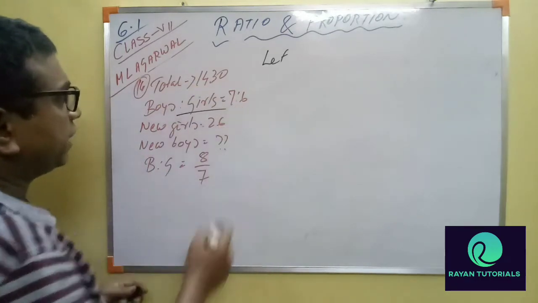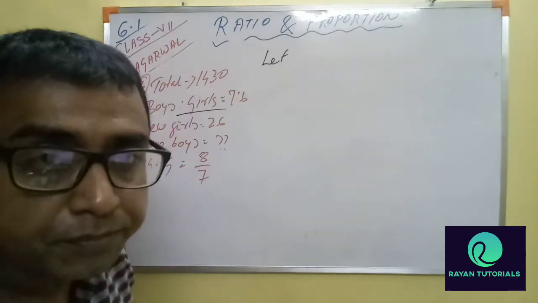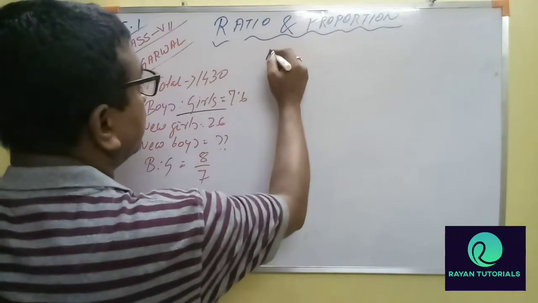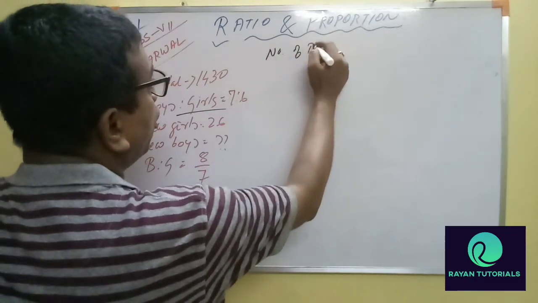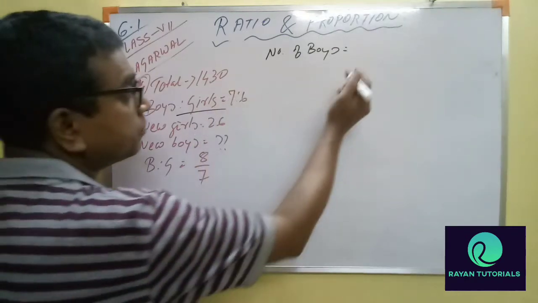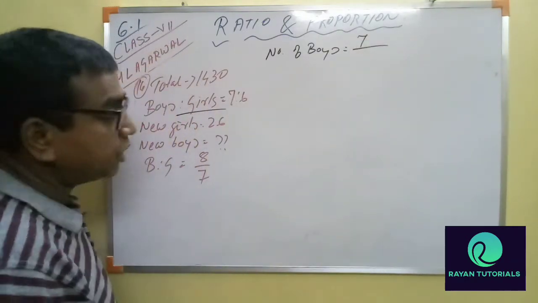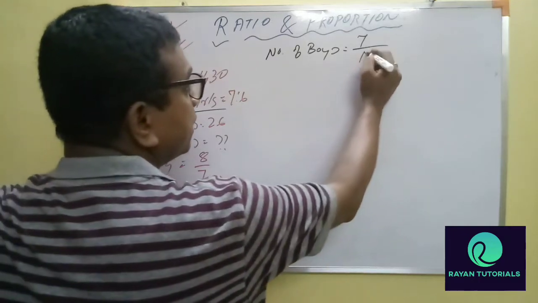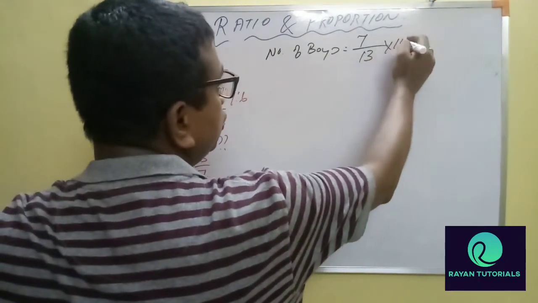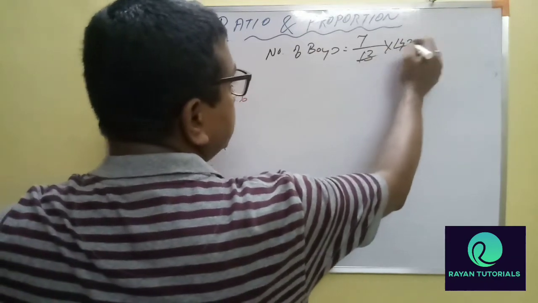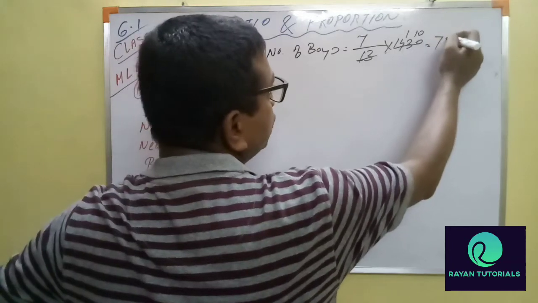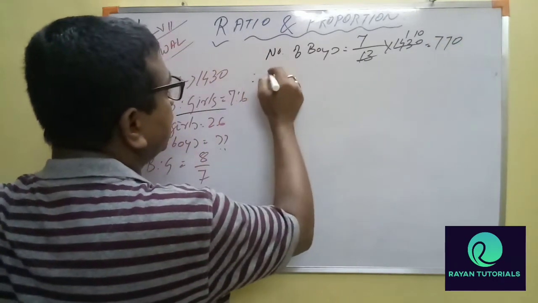See, or else you can do like this also. Straight ahead. Number of boys: 7, sum of the ratio 7 plus 6, 13, into 1430. Understood? Okay, 13 ones are 13, 13, 10 equals 770.